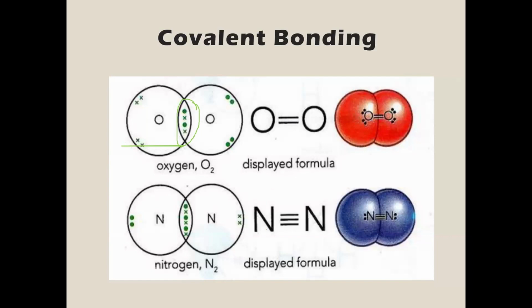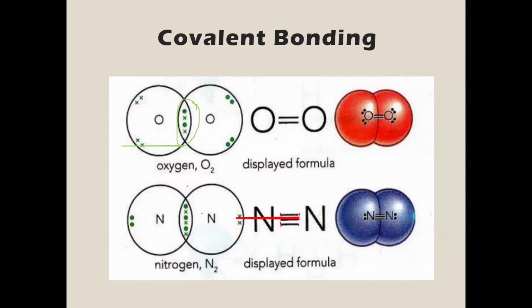Nitrogen is another case, but the nitrogen has a triple bond. Each bond will need a pair of electrons. So we expect that there are 3 pairs of electrons shared.